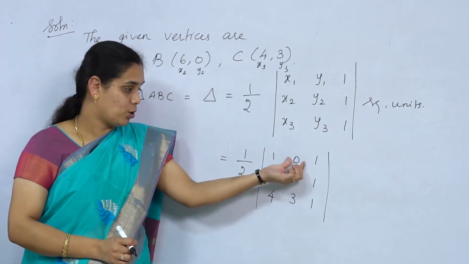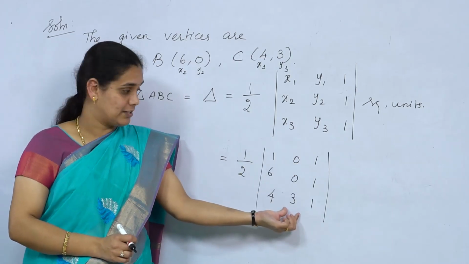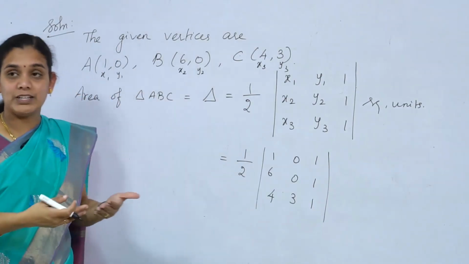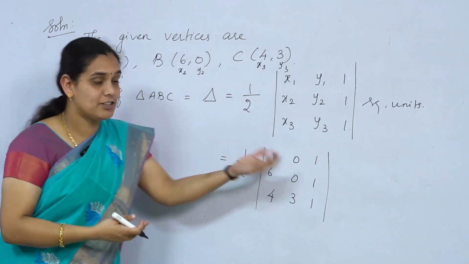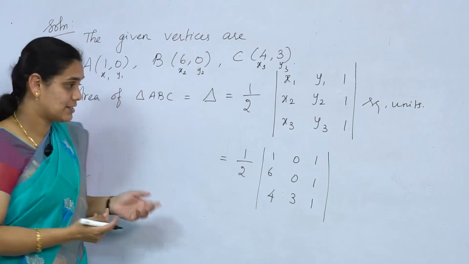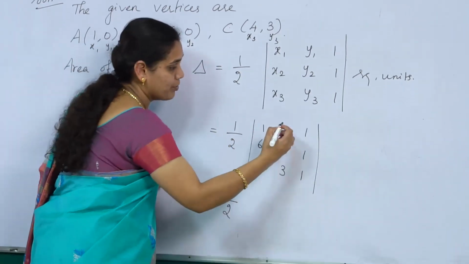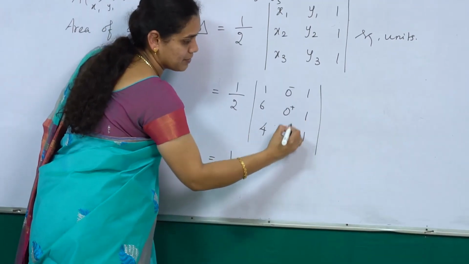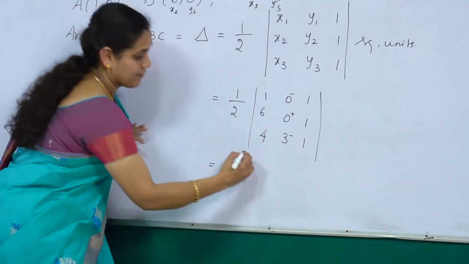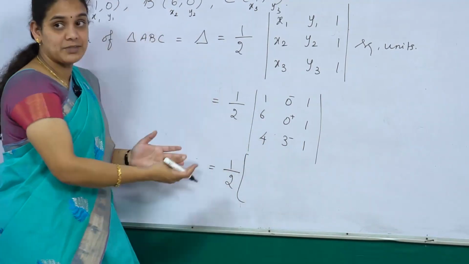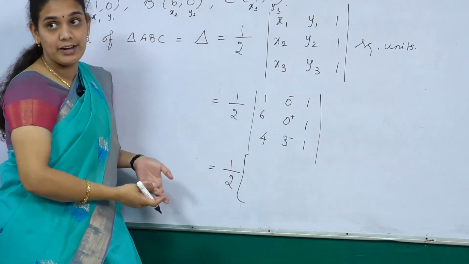If we evaluate along this column, it will be easy to get the answer, because when we multiply 0 with the 2 by 2 determinants, it will become 0 automatically. So when we take the second column, the signs, hope you remember, are minus, plus and minus. Just I'll show you here how it becomes 0, but next time you can directly write 0.